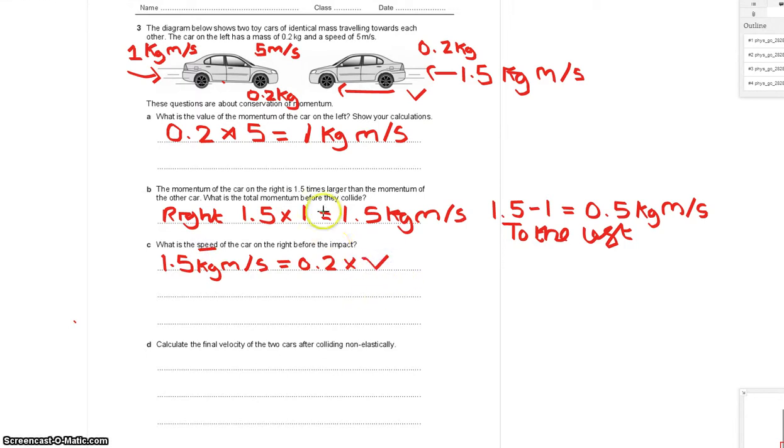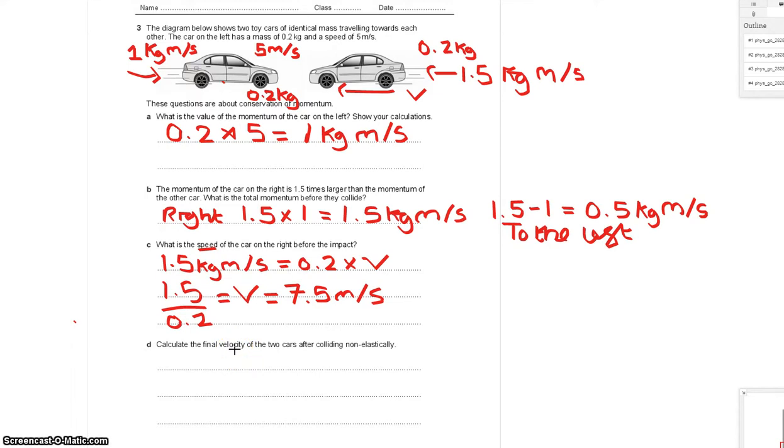And then simply we rearrange this like so, so you get 1.5, I move that under there, so I divide by 0.2, and if I work that out quickly, that's going to be 7.5 meters per second.